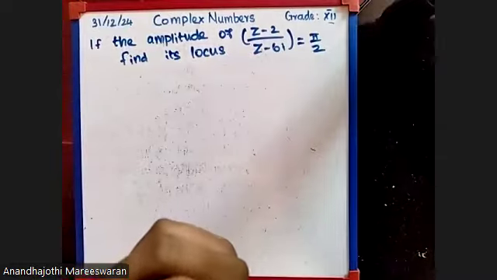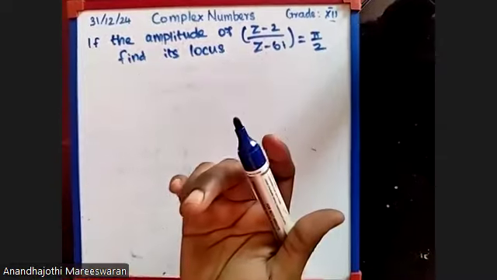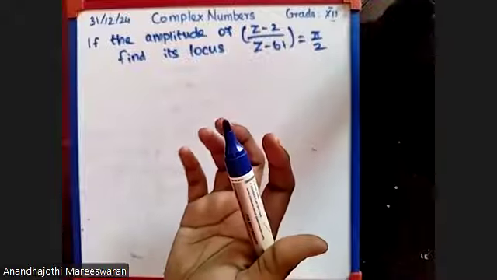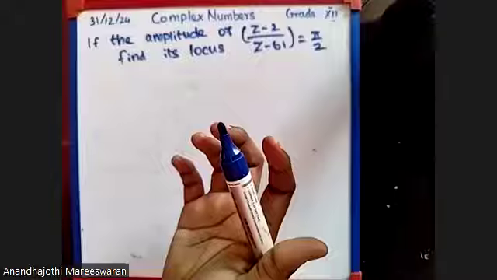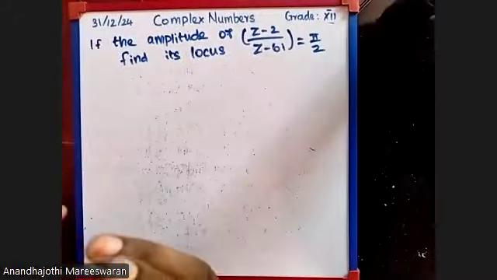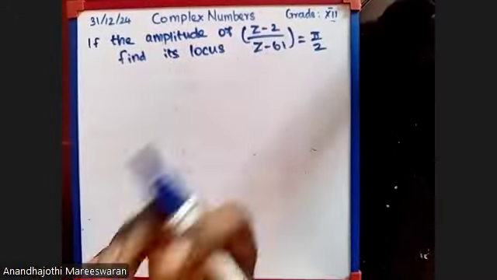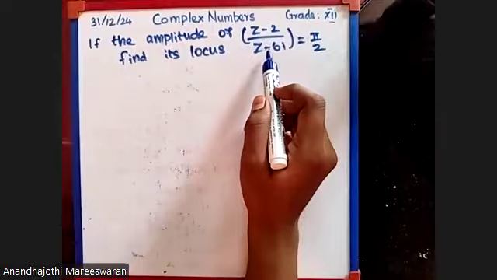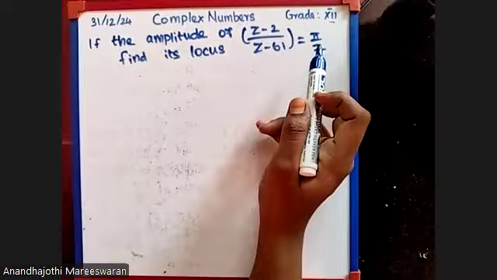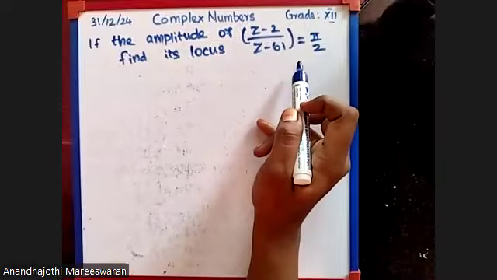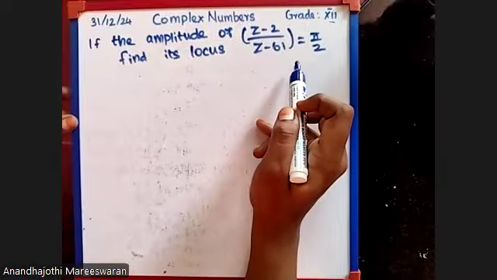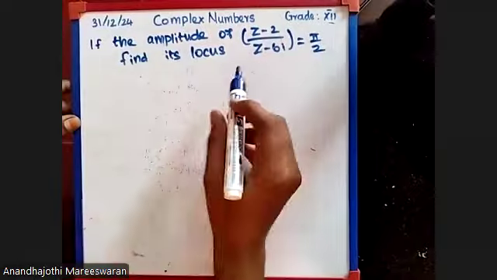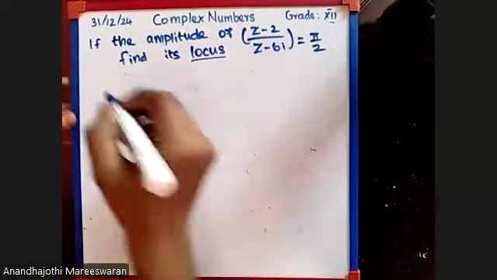In the last sum, they directly gave the real part of the complex number. Now they are giving that the amplitude value of this complex number is equal to pi by 2. They ask us to find the locus.